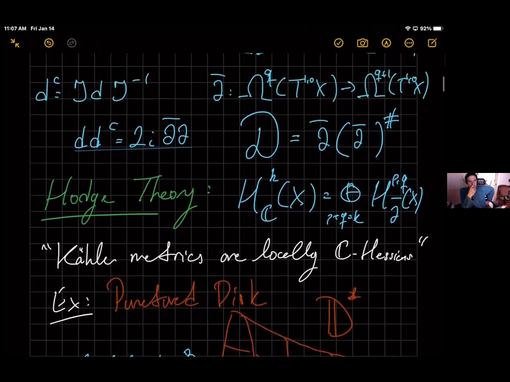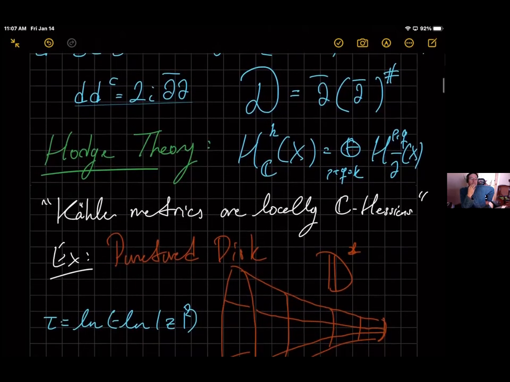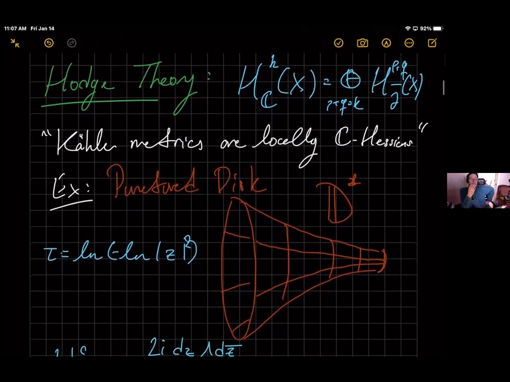Okay. So one other consequence in the compact Kähler case arises from Hodge theory. I'm just including this because I will use harmonic forms later for perturbation reasons.